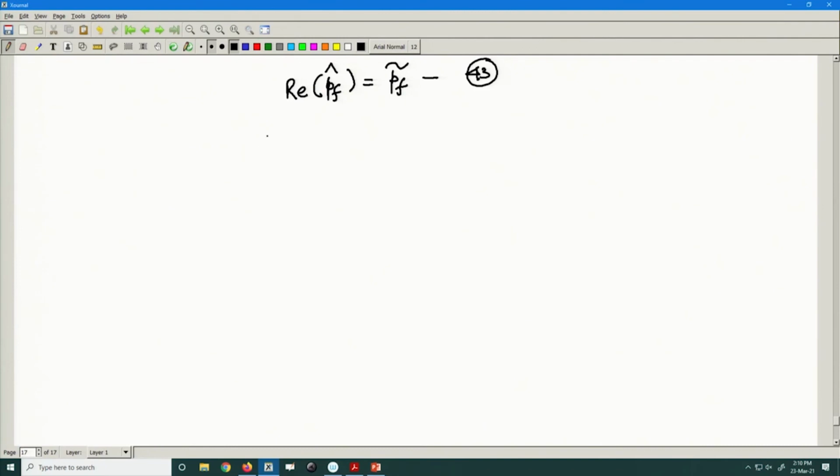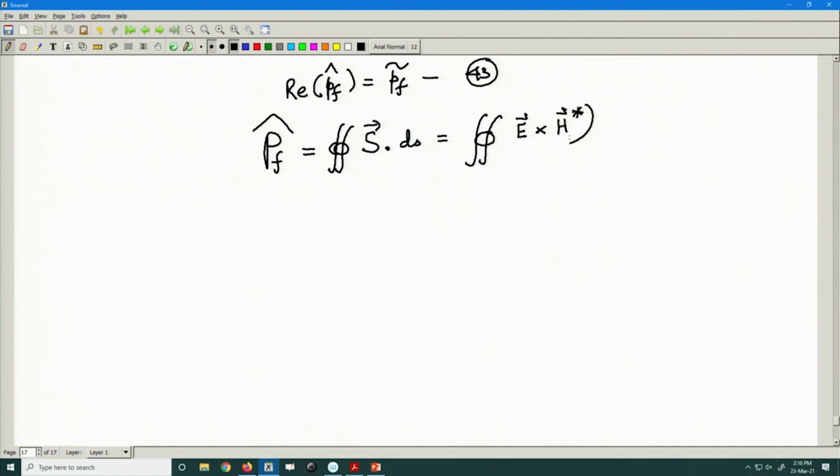Similarly, we can define a complex power leaving a region, big P_f hat, as the closed surface integral of S dot dS, that is the closed surface integral of E cross H star dot dS.